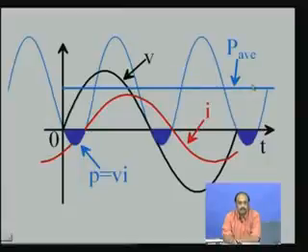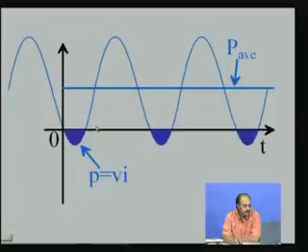It is the active power. So, this average power is the active power, and this negative portion, which is put back to the source, is called the reactive power. So, this is the power waveform along with the average and the reactive component.